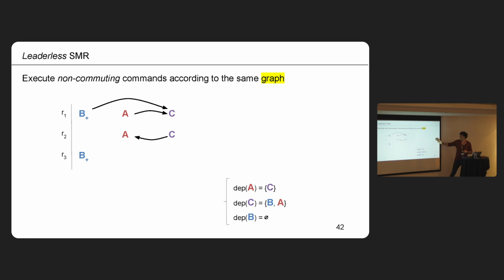So for instance, the first edge between A and C stores the fact that A has a dependency with C. And these other edges store that C has 2 dependencies, between the operations B and A. This is because you have a direct edge from C to A.